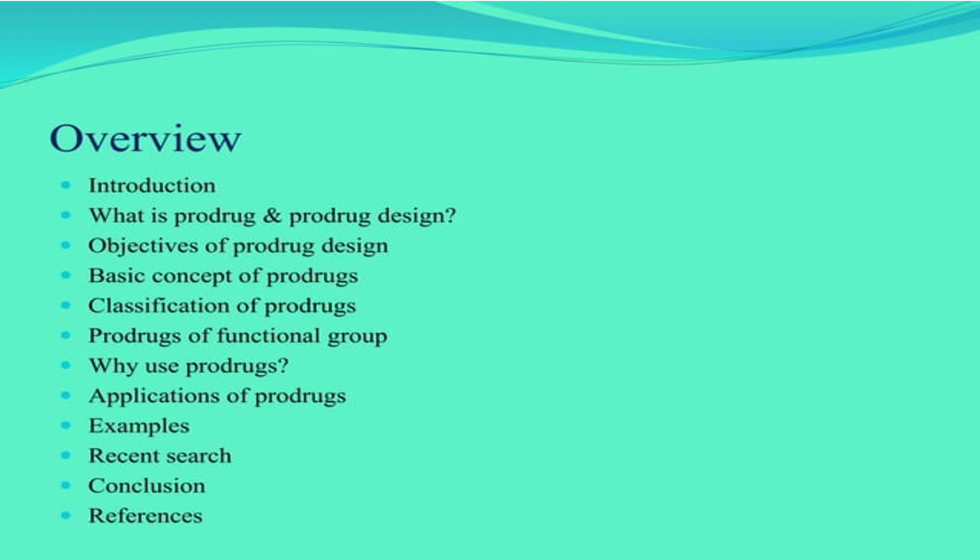Why we go for the designing of the prodrug, the applications of the prodrug, some of the pharmaceutical examples we are going to discuss in this particular chapter, and what recent research and recent work is carried out with respect to the prodrug, conclusion and some references.